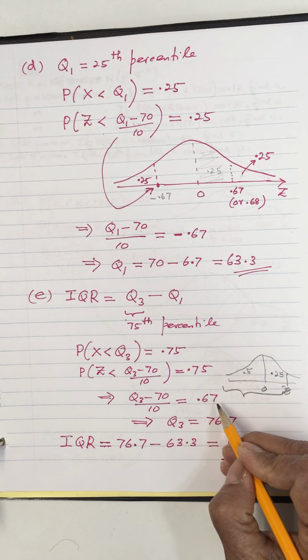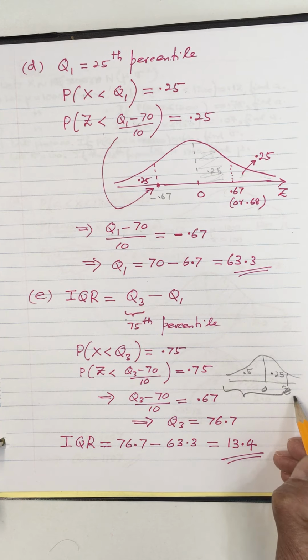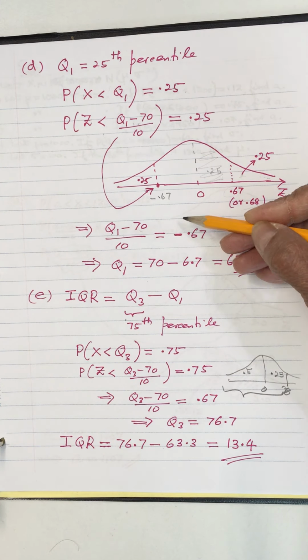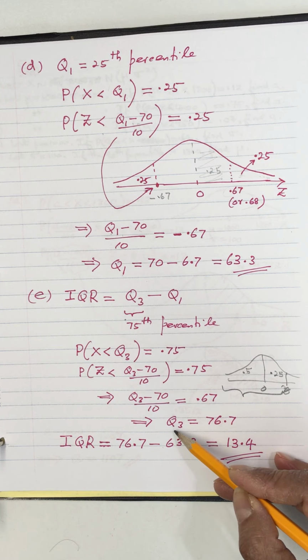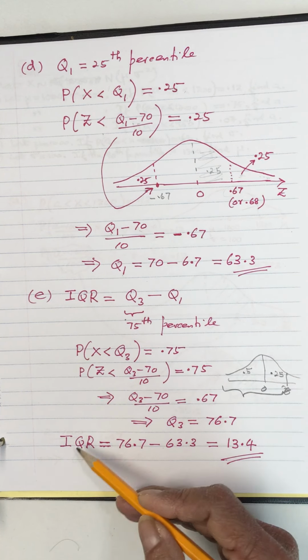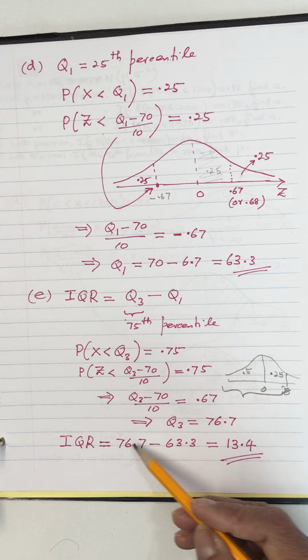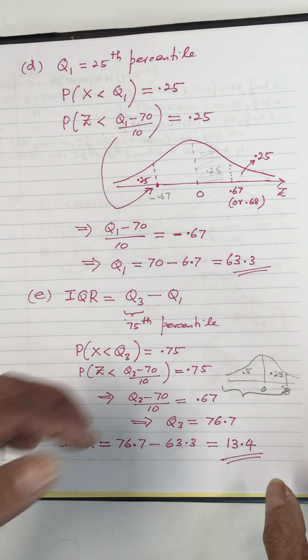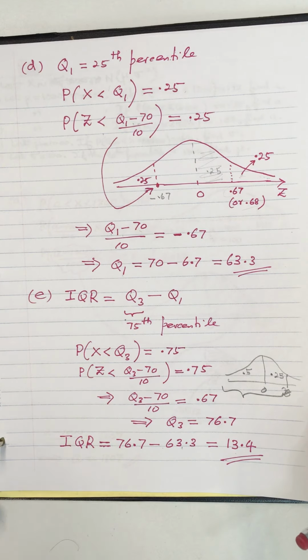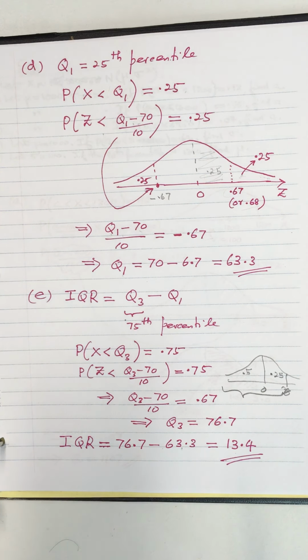Inside the z table, this is the closest value, a plus value. In the earlier case it was negative because you had to put the negative sign. Now it's plus. So this Q3 is going to be that. The interquartile range is this value minus Q1, which is going to be 13.4. Okay. So this is figuring out the cutoff. I'll stop here and look at another example in the next one.